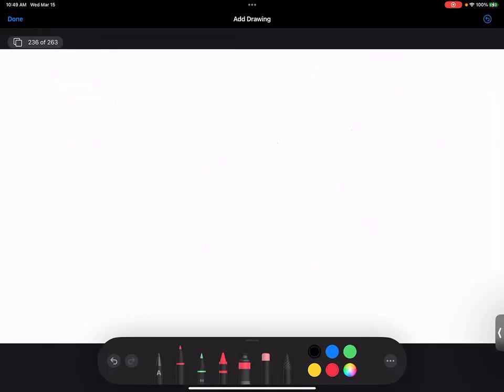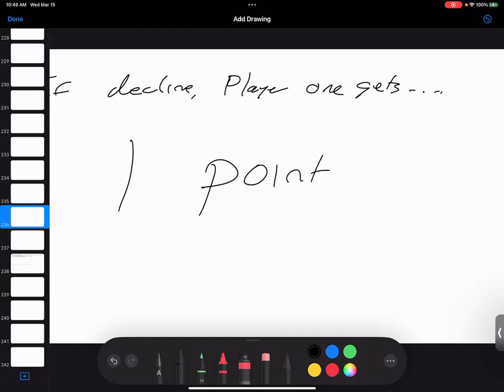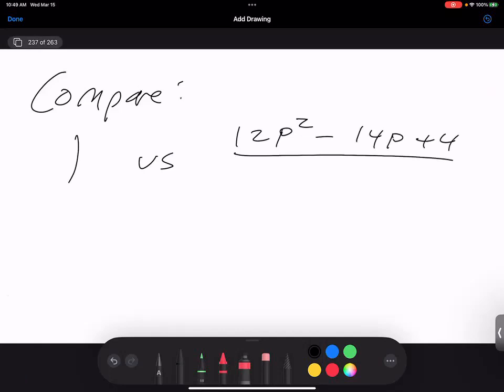Now, if decline, player 1 gets what? One point. So we have to compare 1 versus (12p squared minus 14p plus 4) over (negative 3p squared plus 8p minus 4).